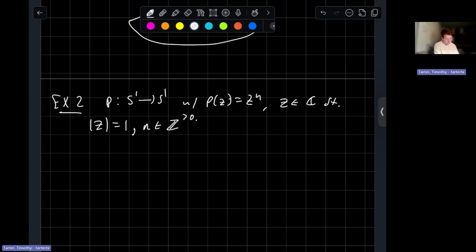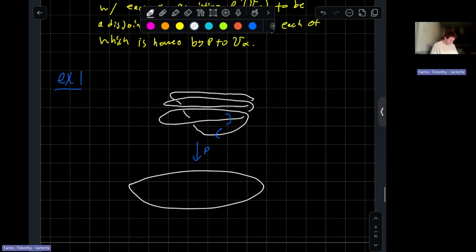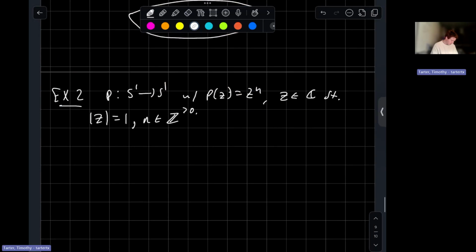Then restrict the projection to the embedded circle. So this first example is a special case, for n equals 3.